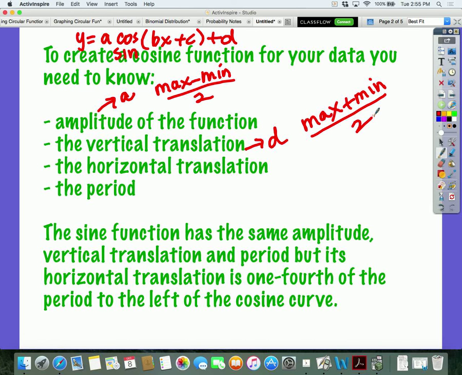Your horizontal translation is associated with what variable? Which variable? C. Because it's a combination of b, negative c over b. But the thing about word problems is if we're doing a cosine function, right? Normally cosine starts where? Like if you were to graph it, the original cosine function, where does it start on your y-axis?